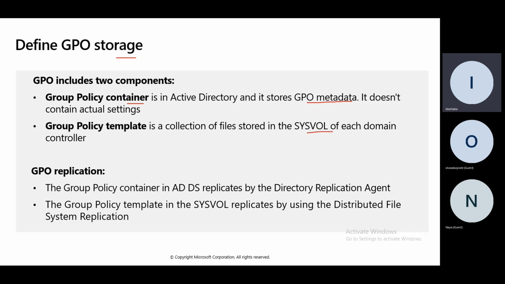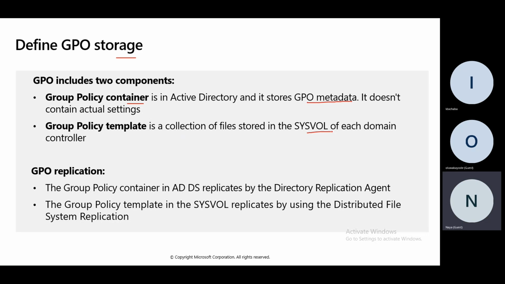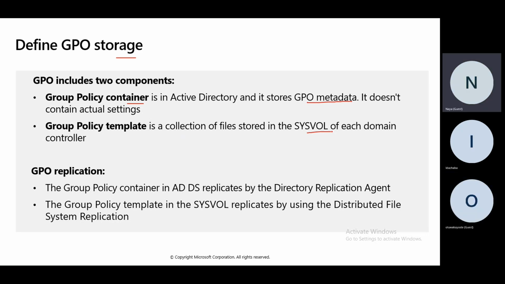There are two types of storage in your Active Directory domain. Everything you have in your Active Directory domain is stored in a database. Two types of database: SYSVOL and your ntds.dit.